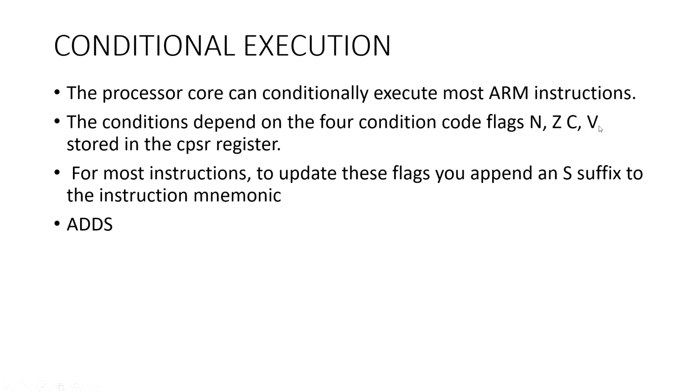These four flags reside in the CPSR register, the current program status register. For most instructions, to update these flags, a suffix S is sufficient. For example, ADDS adds and then updates the corresponding flags generated by the operation.